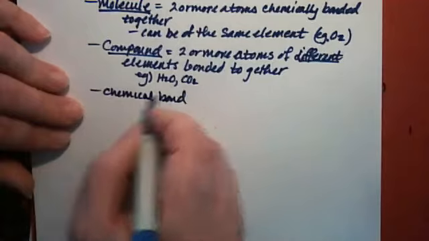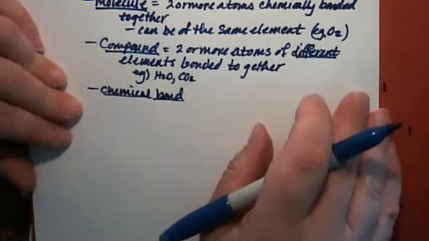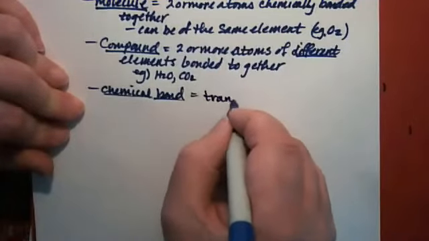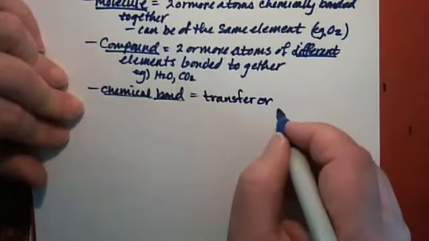Also, of course, since bonding is the point of the entire chapter, we might want to check in on what a chemical bond is. Turns out there are two major kinds of chemical bonds.